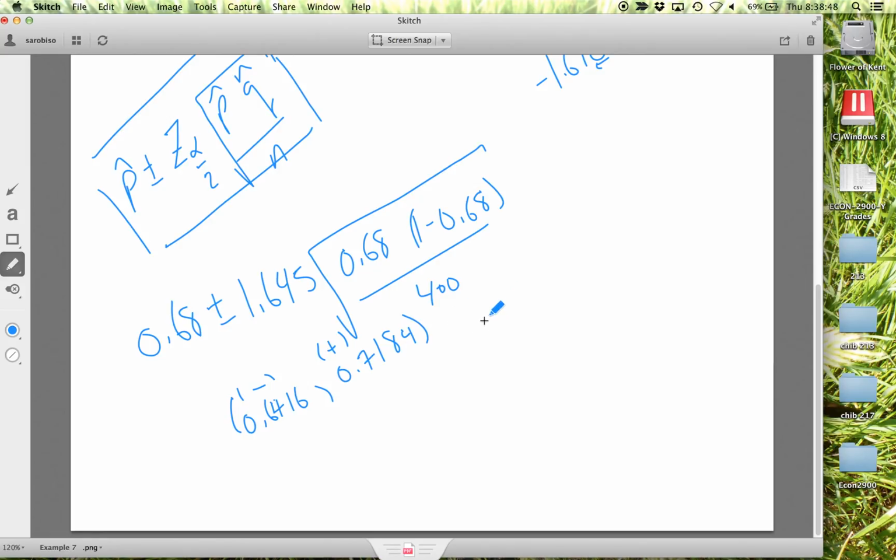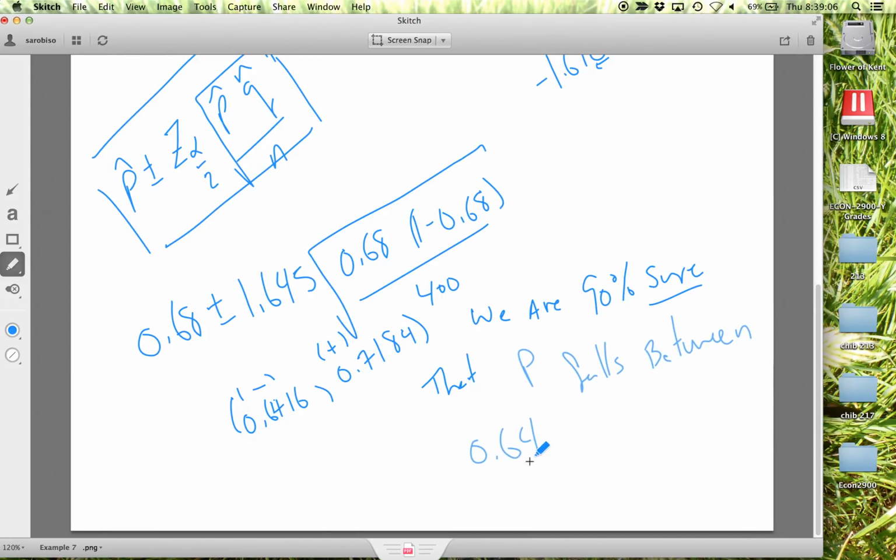Okay, and the meaning of this here is that we are 90% sure, or we're 90% confident that the true population proportion, which is p, falls between 0.6416 and 0.7184.